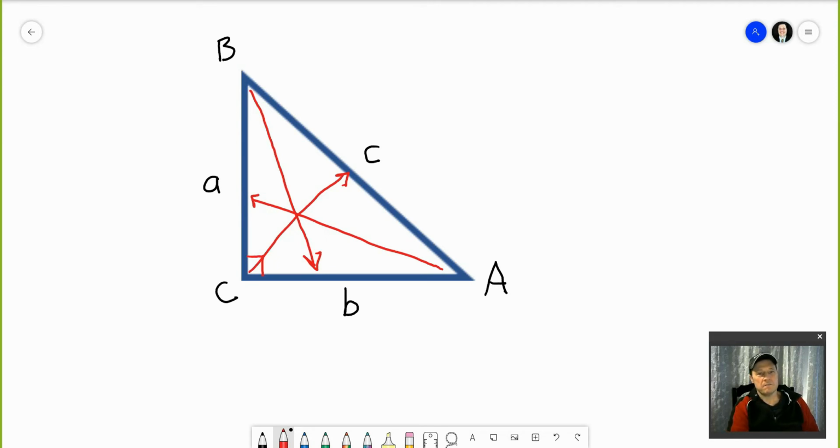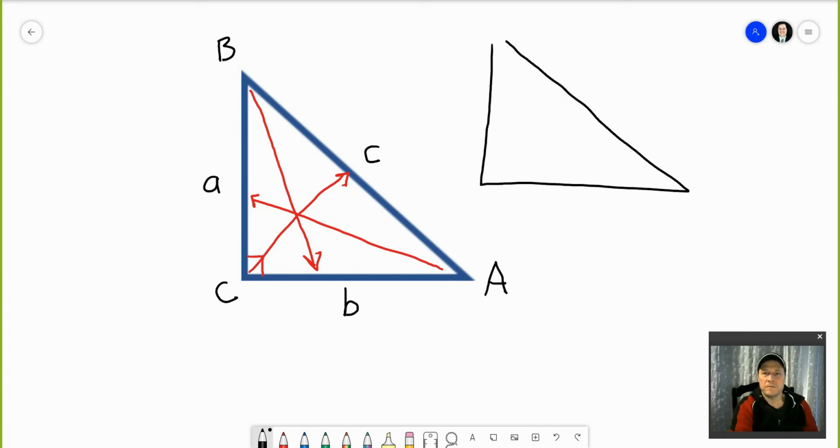So let's bring in another triangle here for a second, and I'm just going to draw a right angle triangle. All right. And I'm going to say that this here is angle A. Actually, you know what we'll do?